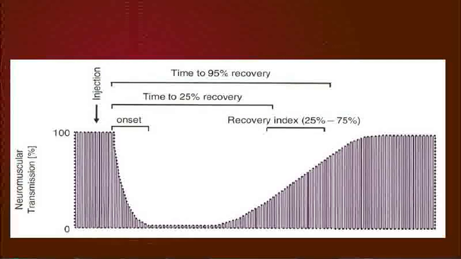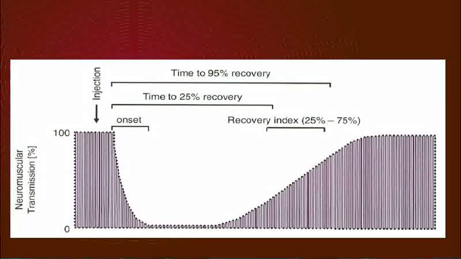What do I mean? It goes back to this curve again. If you know when you gave the drug and you know where your twitches went away, you know your onset. Time to 95% recovery is exactly that. How long until my twitch height is 95% of what it was without the drug on board?